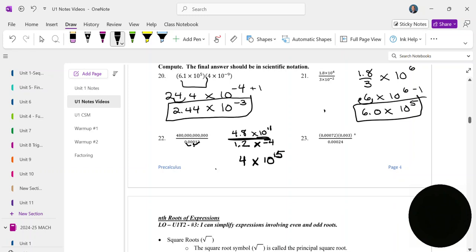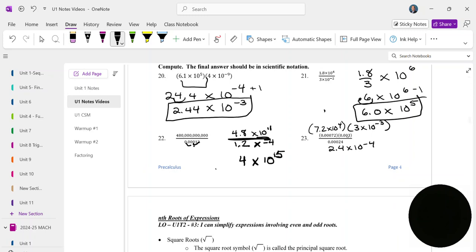So here you would multiply this first, but let's do it in scientific notation. So we have 1, 2, 3, 4, so 7.2 times 10 to the 4th. And then times 1, 2, 3, so 3 times 10 to the negative 3rd. And then this would be 1, 2, 3, 4, 2.4 times 10 to the negative 4th. So now we can multiply.